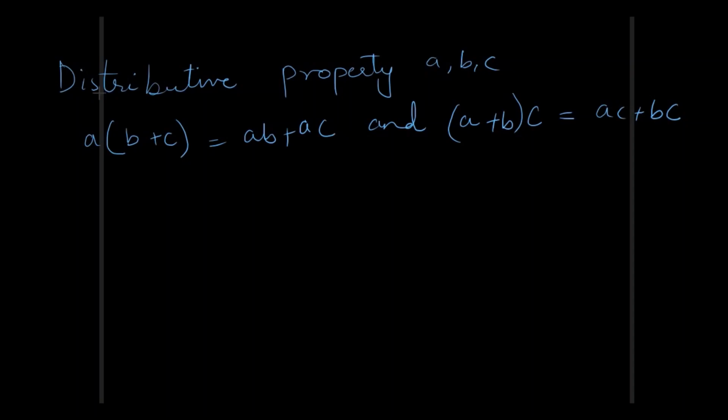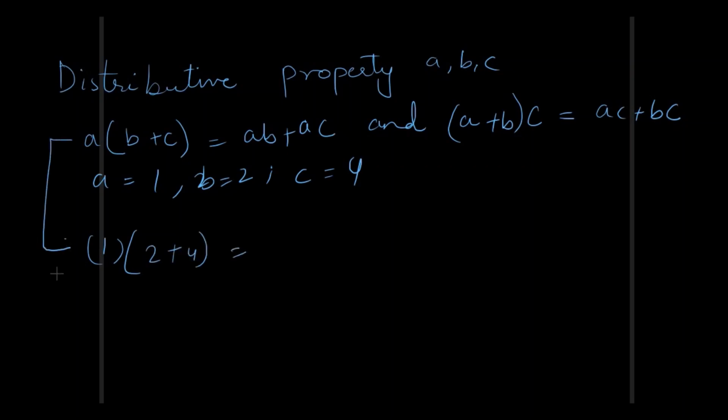So here let's see an example: A equal to 1, B equal to 2, C equal to 4. So 1 times (2 plus 4) equal to, for this we are substituting the values. A is 1, B is 2, plus, C is 4.